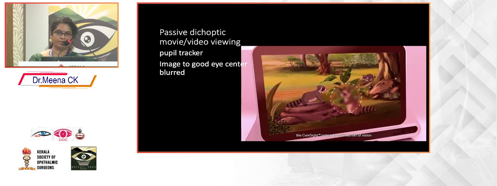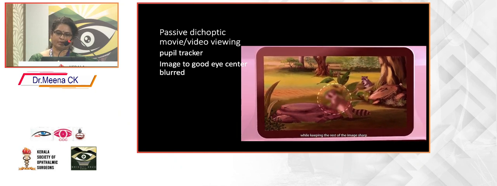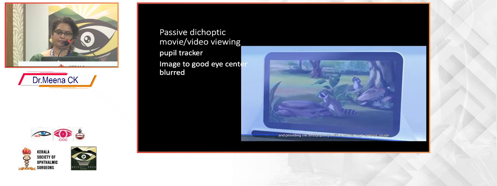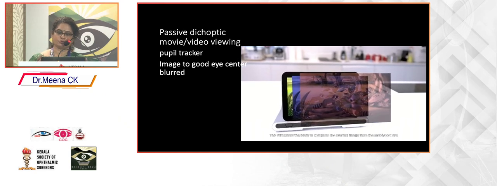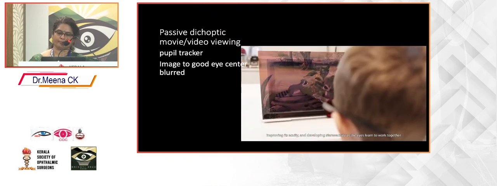Like you have a blurring of the central view, but your peripheral vision is still there in the good eye. So your good eye is still working, it's not completely blurred. And this blue light in front of the weaker eye is helping to get a proper image, and so you are using more of your amblyopic eye.